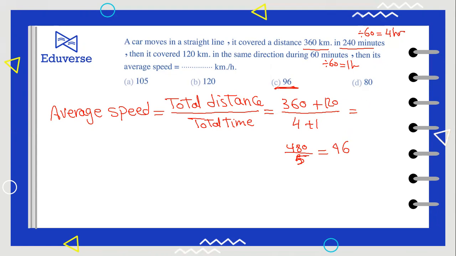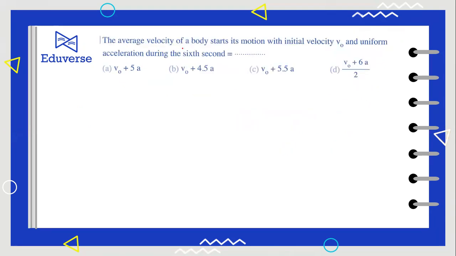Okay, next. The average velocity of a body that starts its motion with initial velocity v naught and uniform acceleration during the 6th second. We said the 6th second is the distance at S6 minus S5. Here, that's a distance, but I want average velocity.